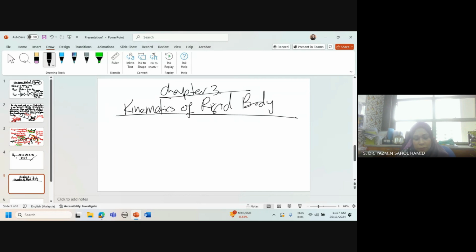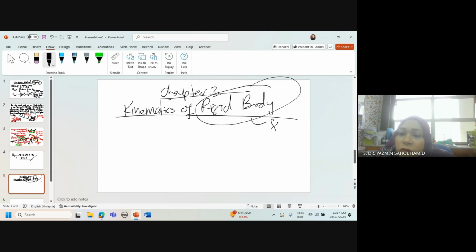Topic rigid body involves shape and size and rotation. Any question that gives you a diameter means it includes the size. And if the question involves rotation, it's rigid body. So that's how you know it's topic rigid body.